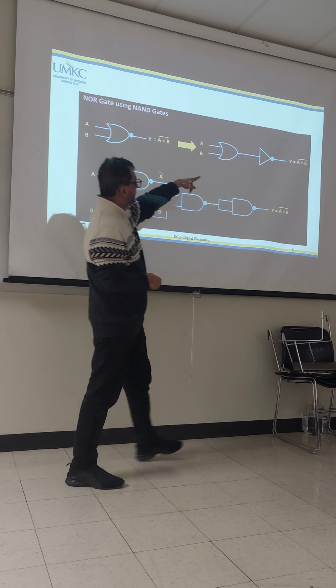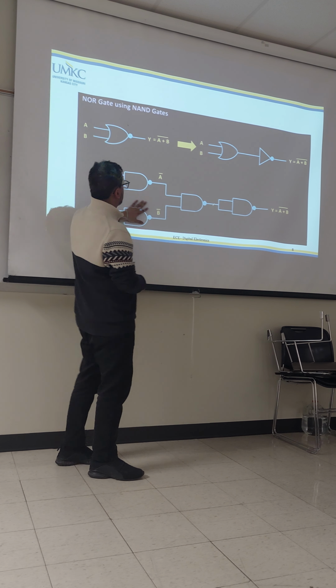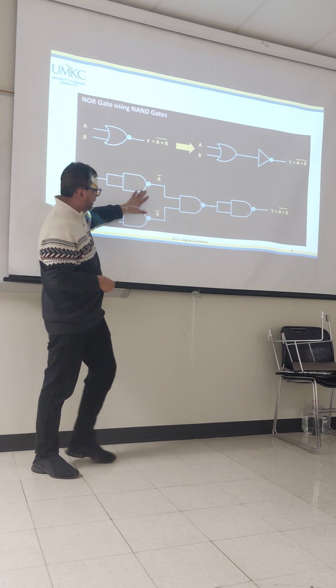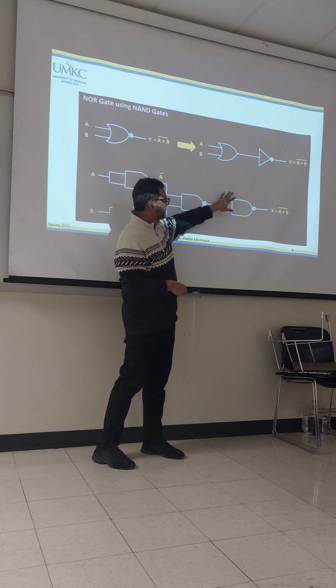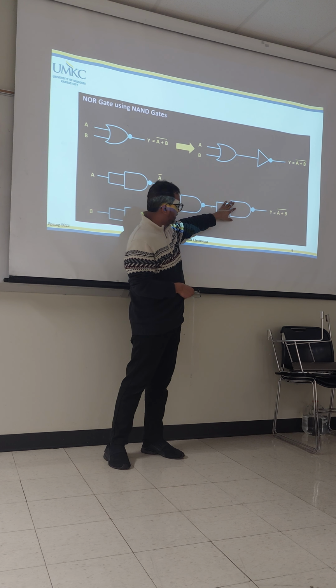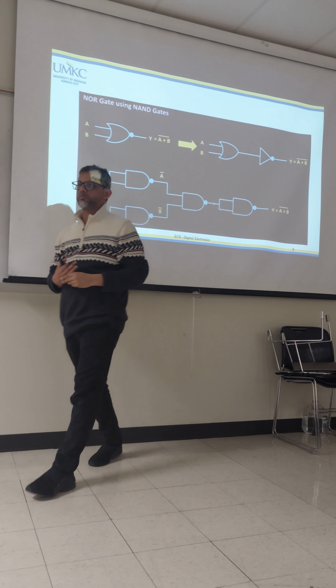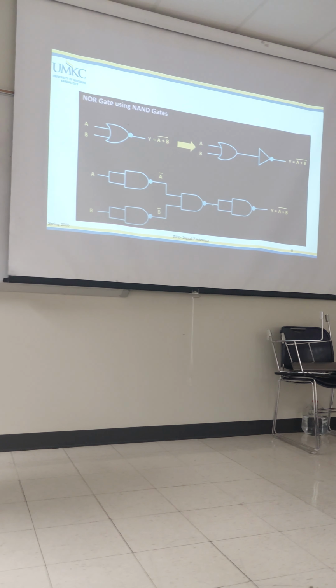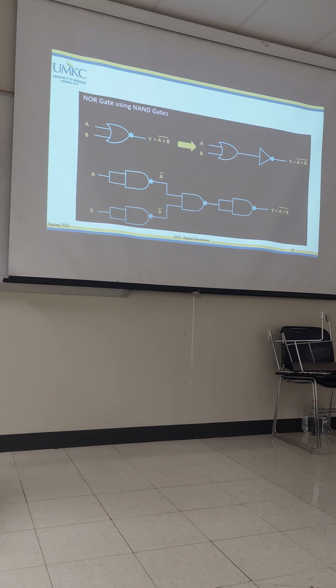So this is giving me the OR operation. Then the output of this is given to the next NAND gate. It will give you the NOR output. So here we require 4 NAND gates to implement a NOR gate. Okay.